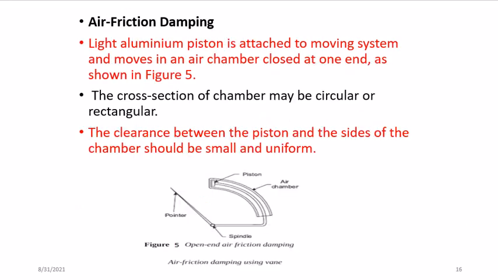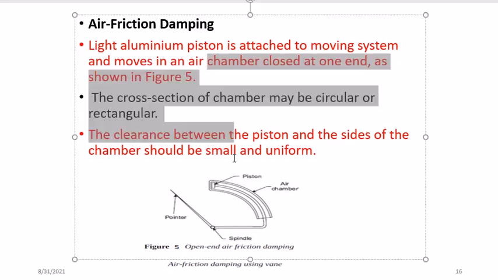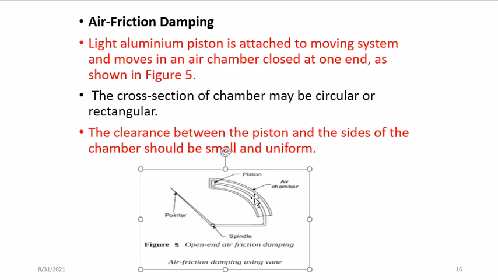Let us look at the air friction. For instance, whenever you are using an aluminium as your moving part, and it is used also as a piston, and the piston, as you can see from this diagram, is like a tube into which the end of our moving part will enter.